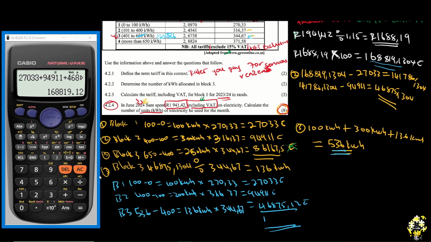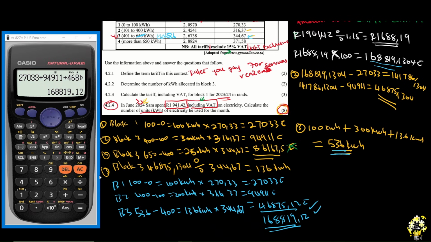I know there's a slight variation, because we rounded things off, but come on. 168,819, it's 0.13, it's 0.12.